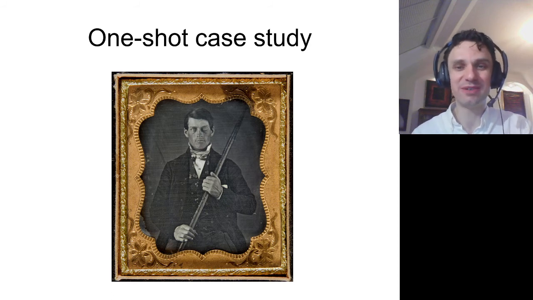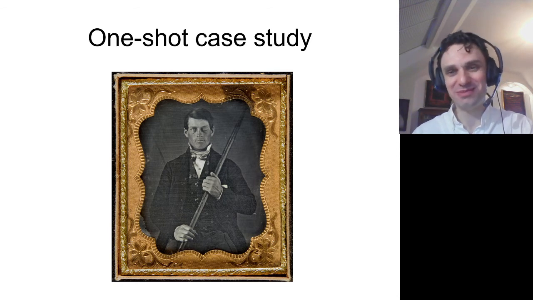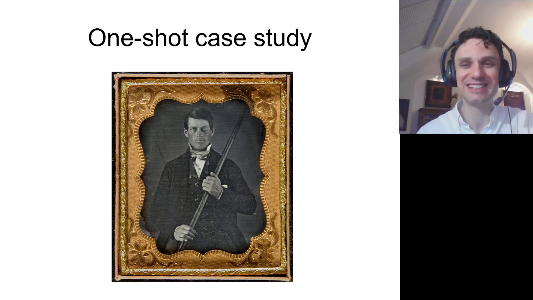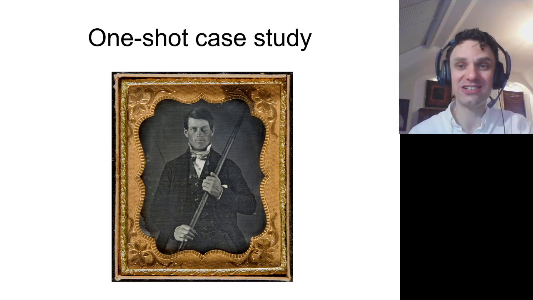But maybe, as experimental psychologists, you can think of other alternative explanations. Why did Phineas Gage's behavior change? Maybe it's not a result of a metal rod flying through his head. So I propose you put this video on pause and think about maybe three possible alternative explanations. Why did his behavior change after this accident?